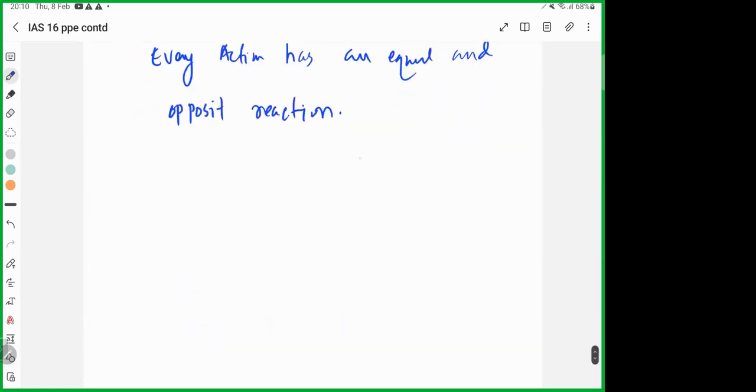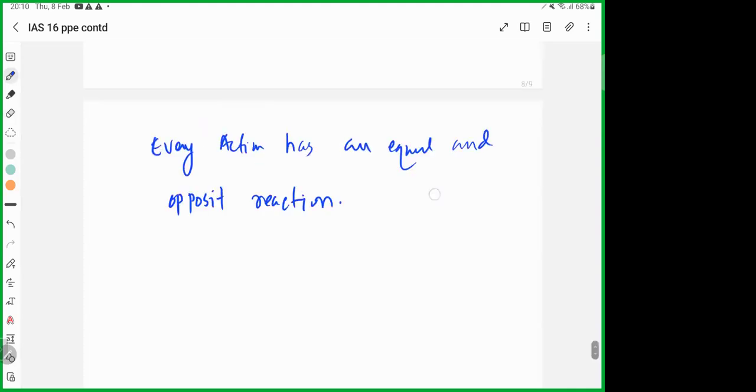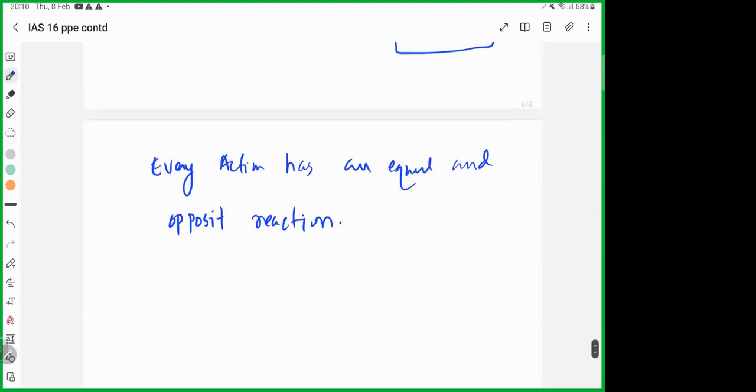You have two sides of the face. Someone is slapping here, and if we slap here, the pain gets balanced. Okay, let's not discuss that. Every action has an equal and opposite reaction.